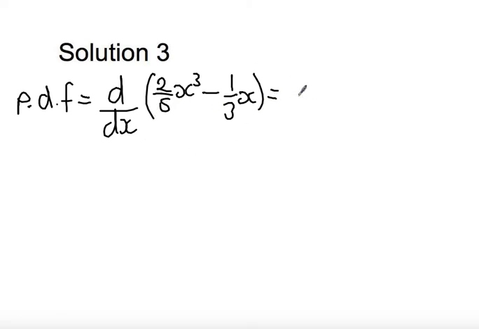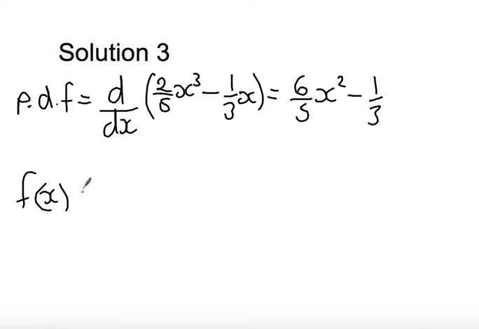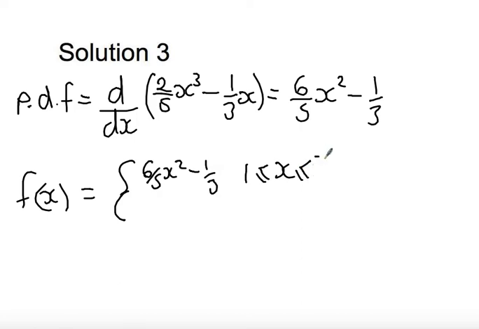So when I differentiate this, I get 6 over 5 x squared minus 1/3. And so f of x is defined, strictly speaking, as 6 over 5 x squared minus 1/3 for x between 1 and 3, 0 otherwise.